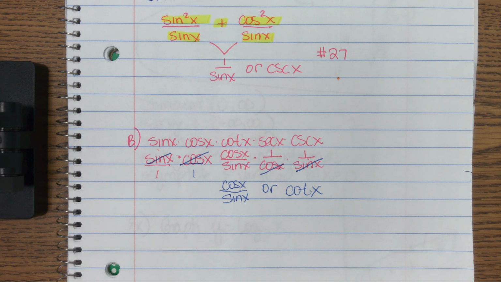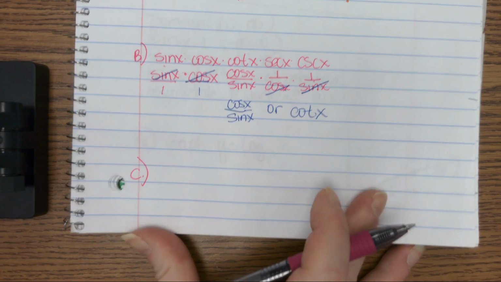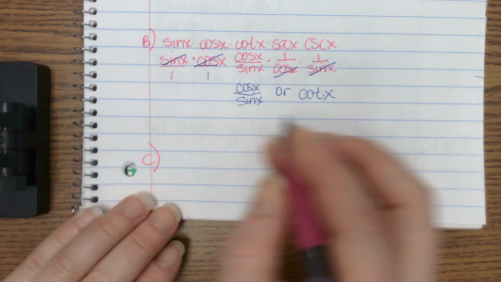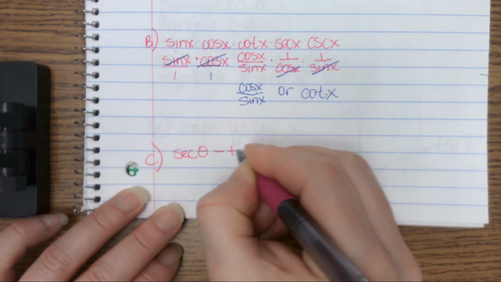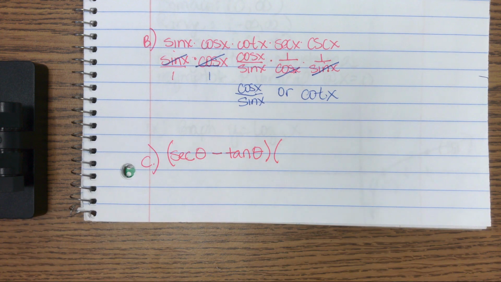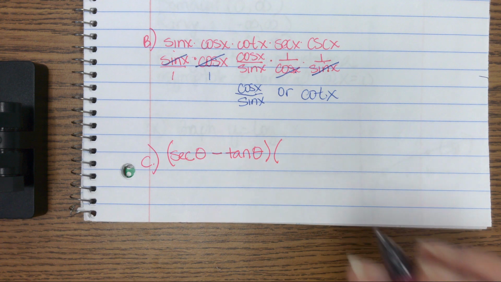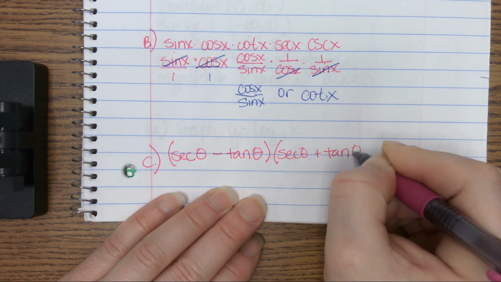Okay, so next, let's do one more that involves a Pythagorean identity, and this one is, let's take the secant of theta minus the tangent of theta, and let's go ahead and put it in parentheses, and then we're going to take the secant of theta plus the tangent of theta and put it in parentheses.